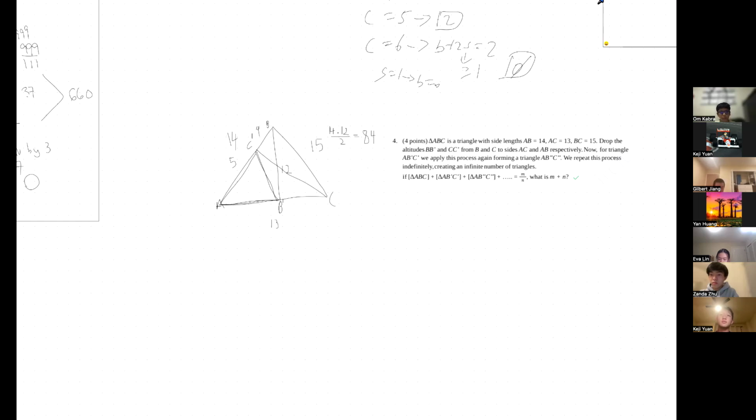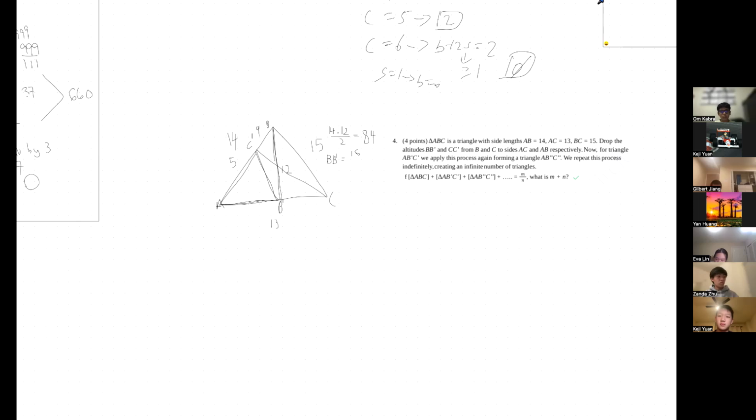We can figure out the altitude BB prime because we can calculate the area another way: the area is also BB prime times 13 divided by 2. So we get that BB prime is equal to 168 divided by 13.